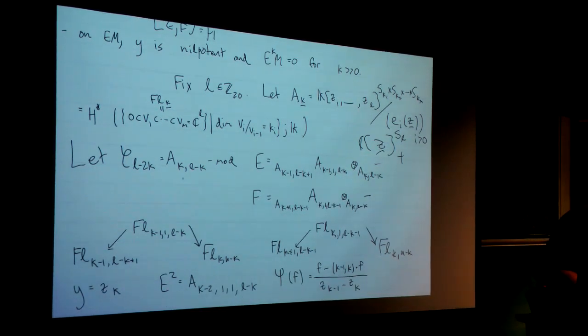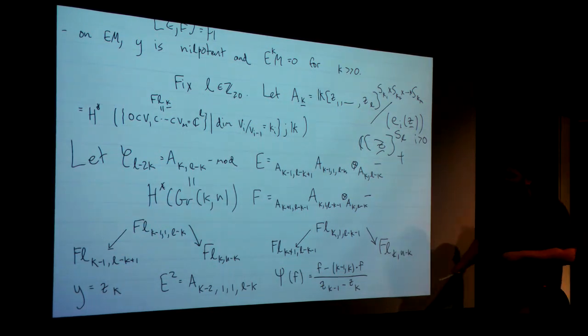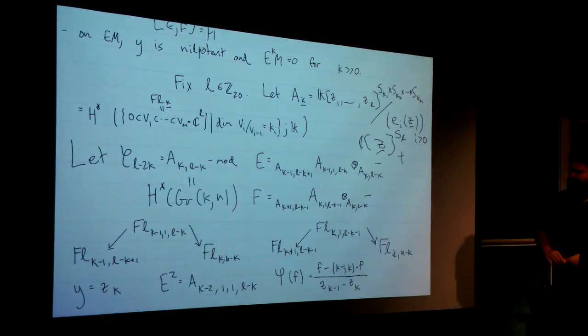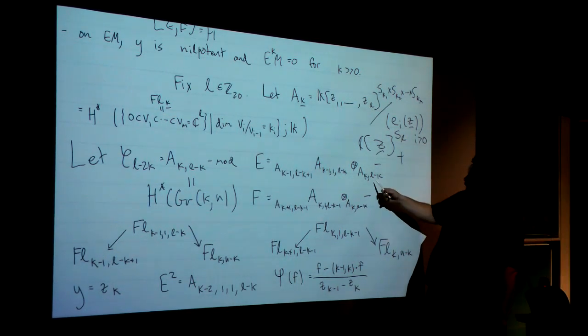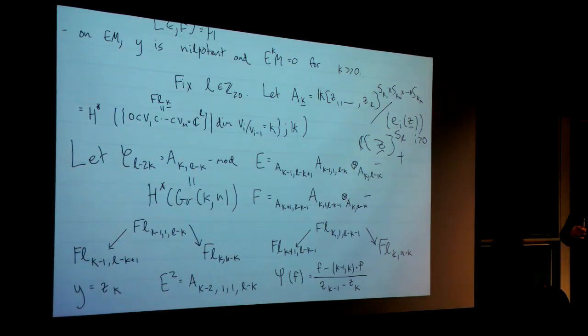So this A_{k,l}, I'll just emphasize, is the cohomology of the Grassmannian of k planes in l space. All right. And what my E and F are is, well, if I take one of my buckets and I break it up further, then the thing with bigger buckets is a subring inside the thing where the buckets are more broken up, right?